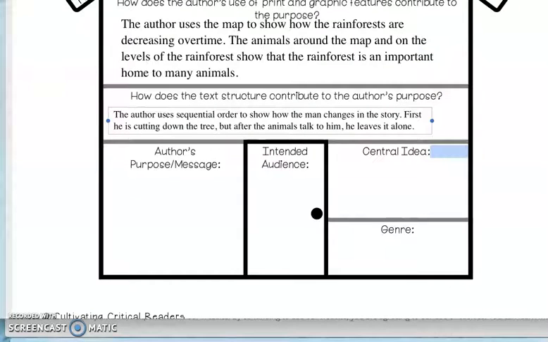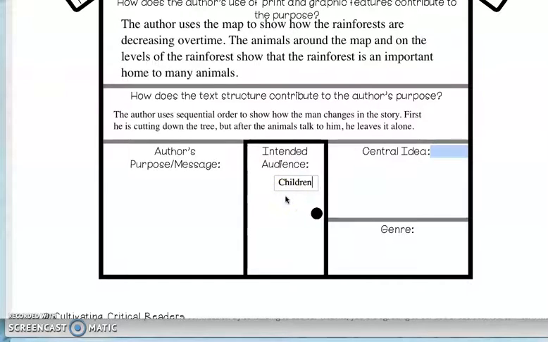Now let's talk about the intended audience of this book. Let's go ahead and put our information for that. So this is a storybook, and the intended audience for storybooks are usually, go ahead and pause and think about this, children. Okay, so the audience for this book is children. But who usually also reads children's books to children?